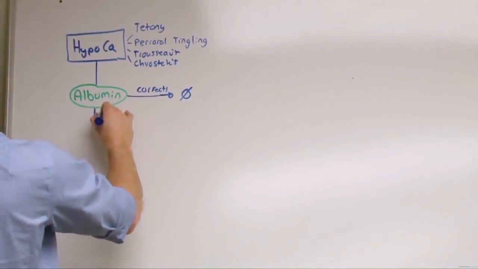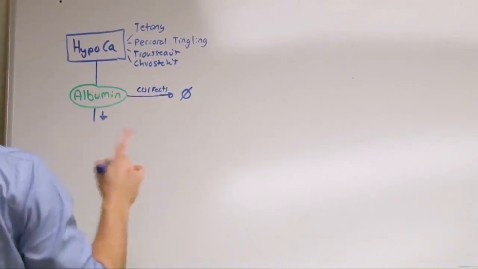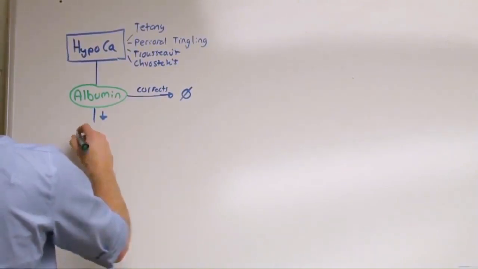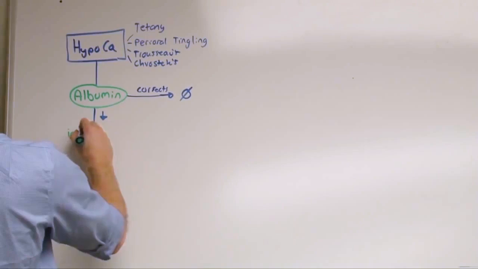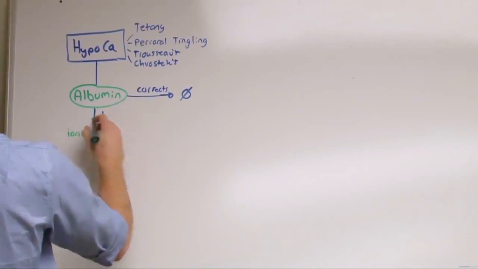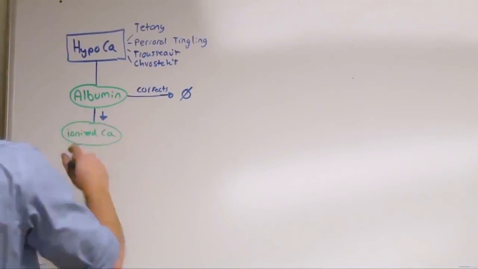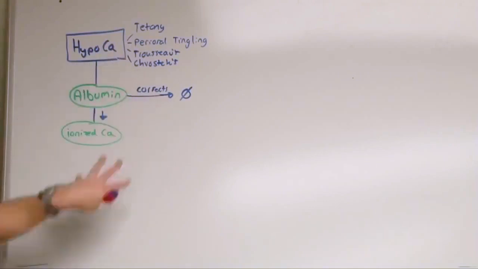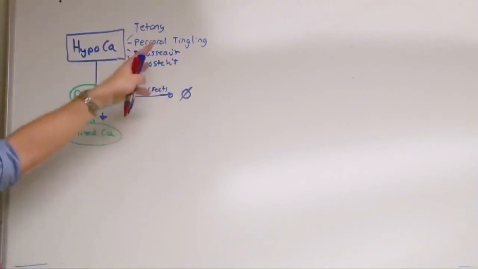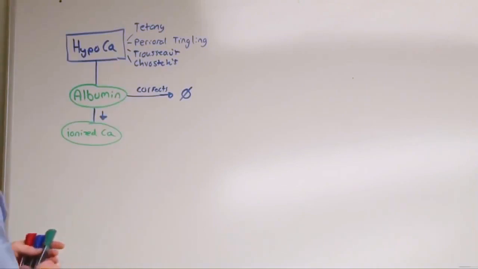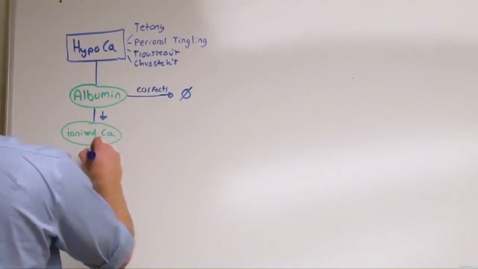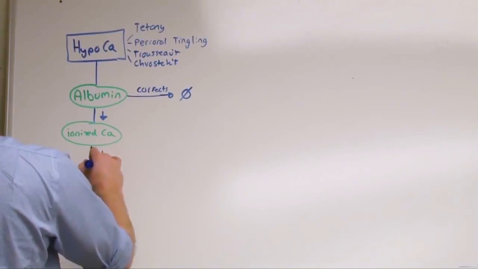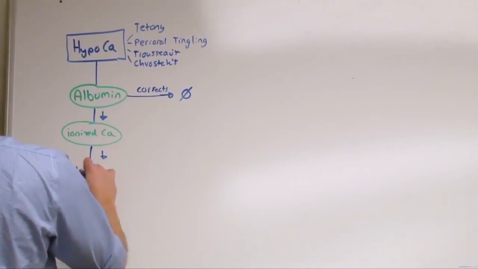But if it's still low, you want to check the ionized calcium. But if they have symptoms and they're hypocalcemic, you don't have to do this stuff, right? You know they're symptomatic, they've got hypocalcemia, and if their ionized calcium is low, they're going to need calcium.